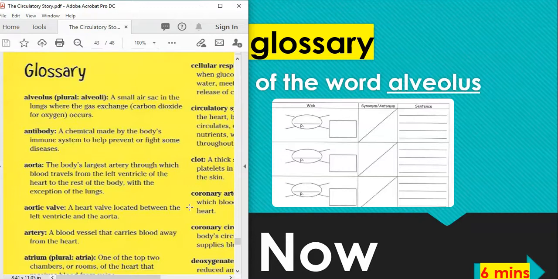Last 15 seconds. Remember, we're copying this word, alveolus. 10. And time is up. Park your pencils and let's go ahead and move on.